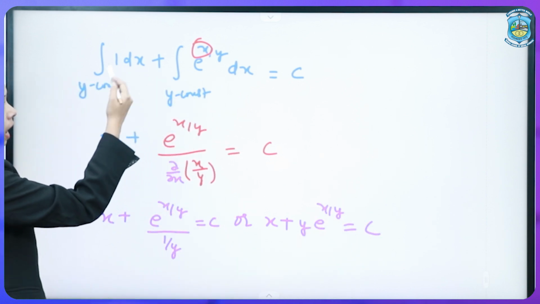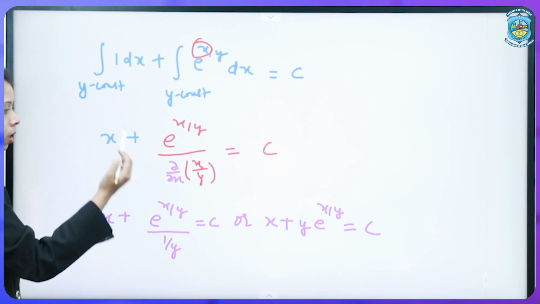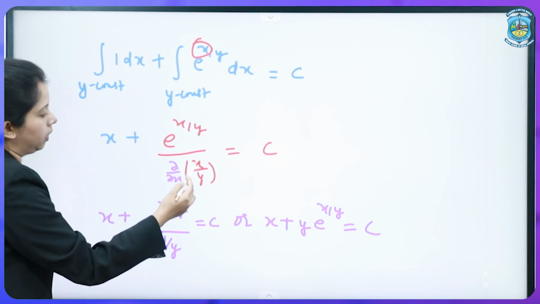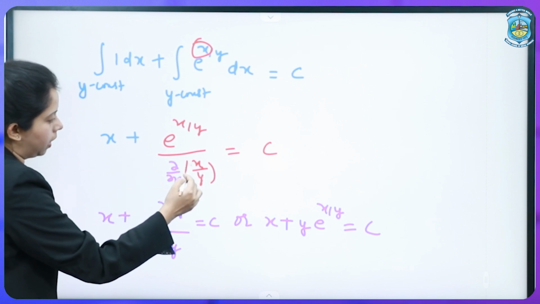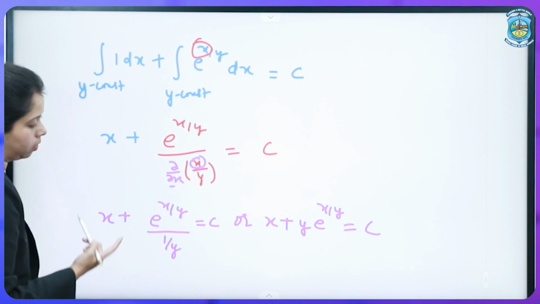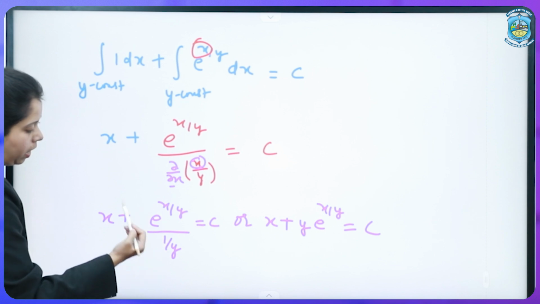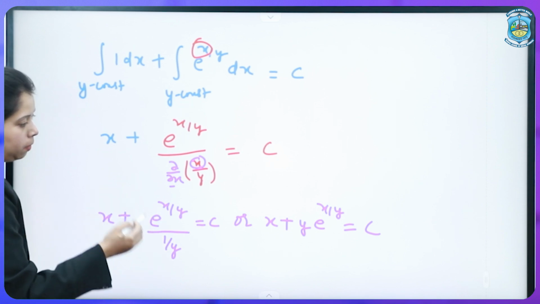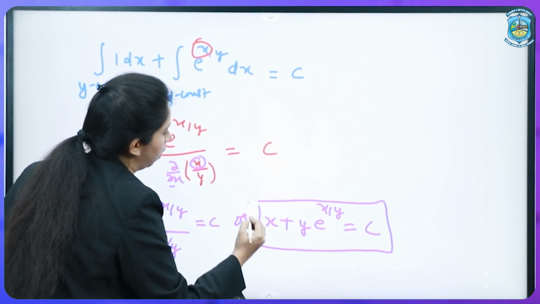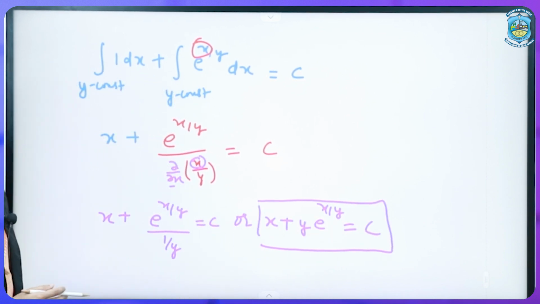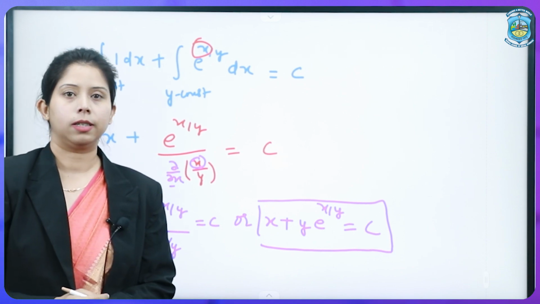So here since we are dealing with partial differentiation, we will partially differentiate the power x by y with respect to x. So 1 upon y is taken as constant and differentiation of x with respect to x is 1. So here in the denominator we are having 1 upon y, which can be reciprocated, and so the final solution is x plus y into e raised to the power x by y is equal to c.